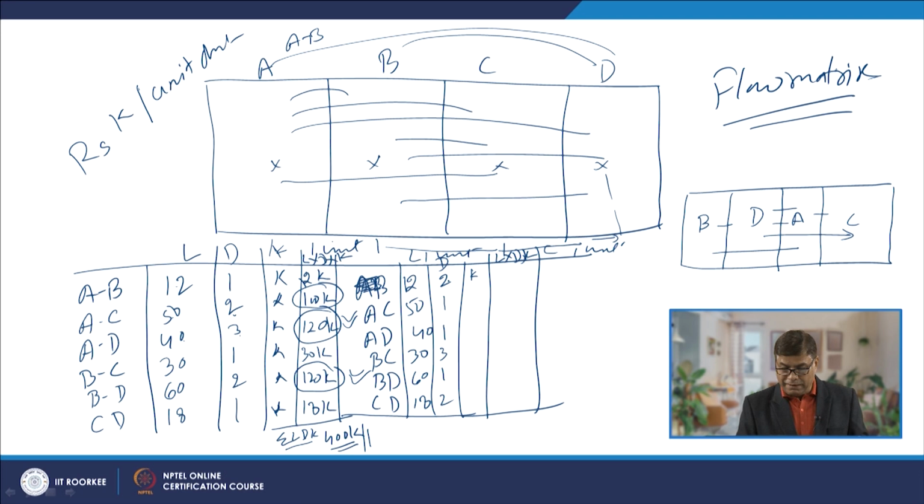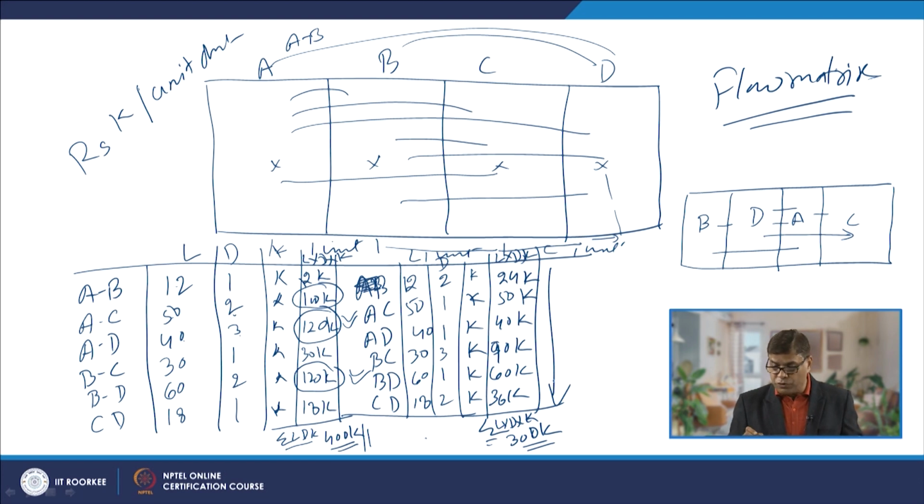So 12 into 2 into K, 24 K; 50 into 1 into K, 50 K; 40 into 1 into K, 40 K; 30 into 3, 90 K; 60 into 1, 60 K; and then 18 into 2, 36 K. So the sum of all these, load into distance into K, comes out to 300 K.